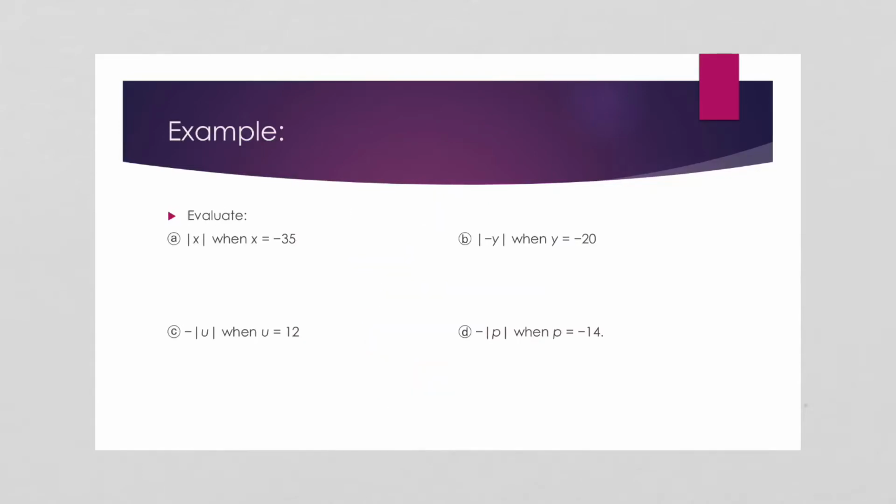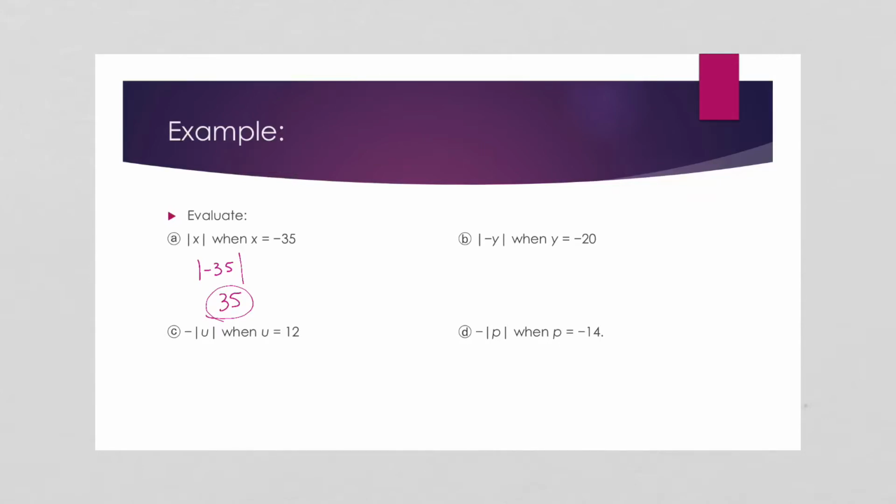Sticking with the absolute values, we're now going to evaluate whenever we have absolute values. So in part A, we're going to evaluate the absolute value of x when x equals negative 35. So I want to take the absolute value of negative 35, which is just 35.